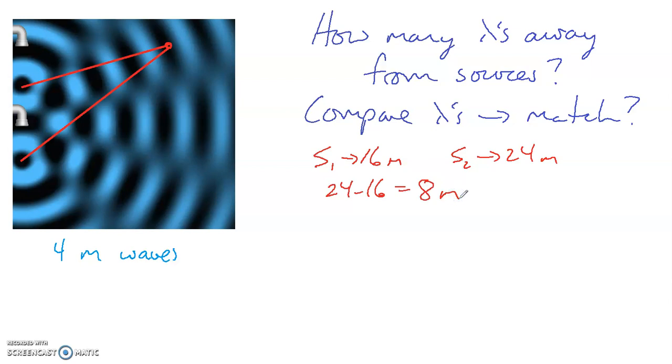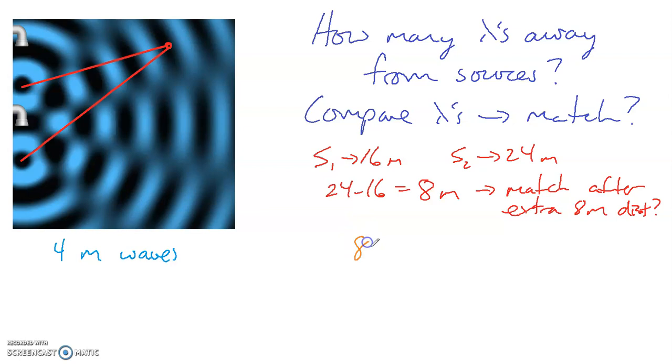Now, what I need to know is if those waves go that extra 8 meters, will they actually match after an extra 8 meter distance? That's what I want to know. Well, let's find out. I have an 8 meter extra distance. I have 4 meter long waves. Let's see if they would fit.